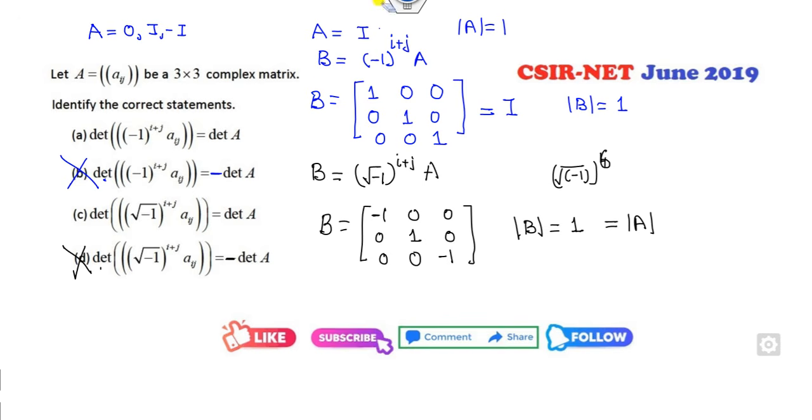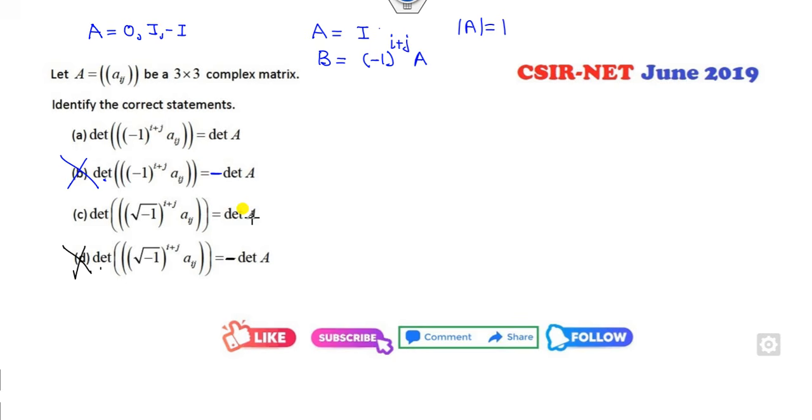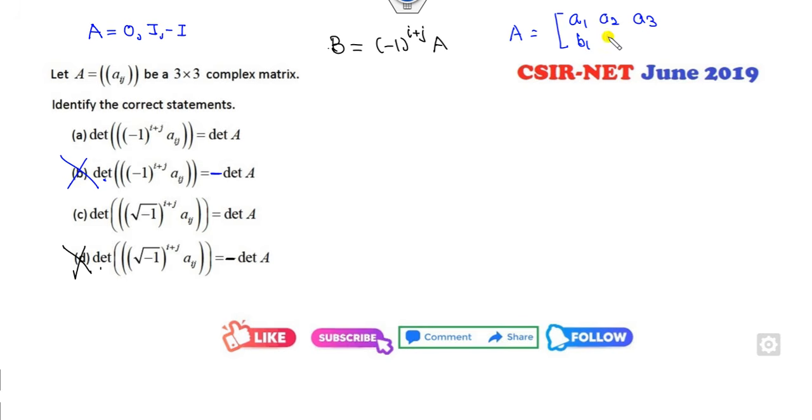Now, how can you check the other options? Because 0 will satisfy all. If you take A as minus I, then it will be satisfied easily. Now, if I choose B as minus 1 raised to power i plus j of Aij, I can choose A as any matrix, say a1, a2, a3, b1, b2, b3, c1, c2, c3.